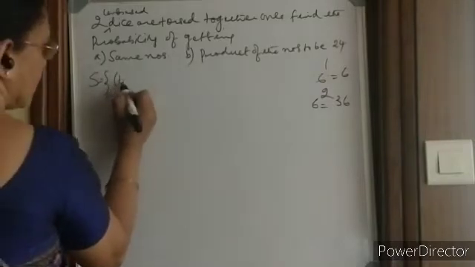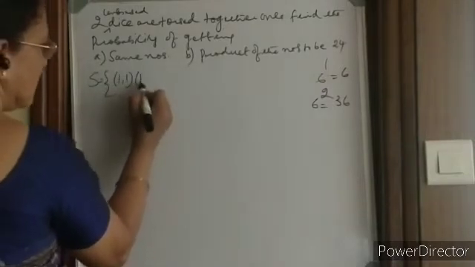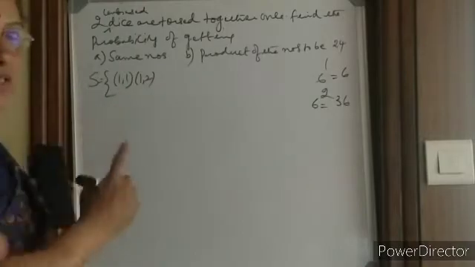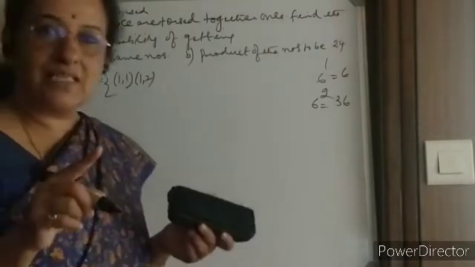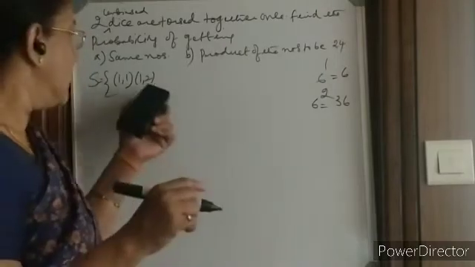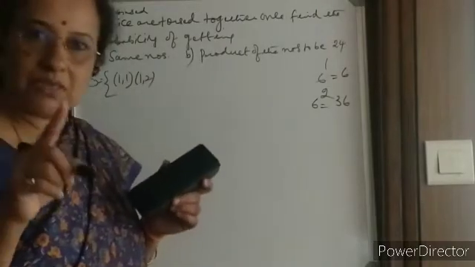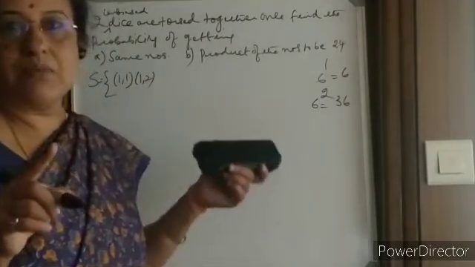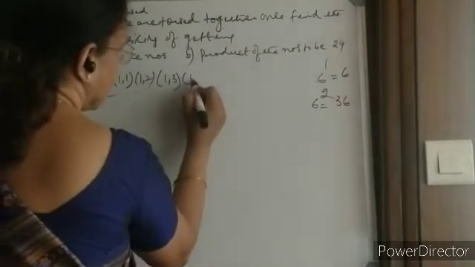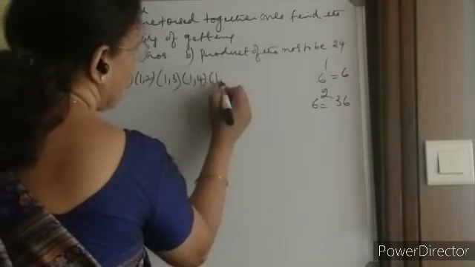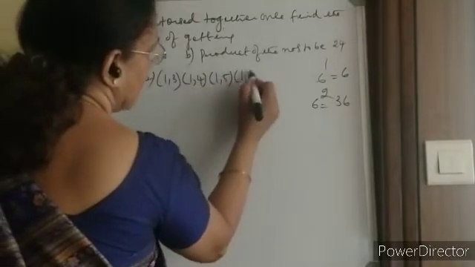Now see, it's like this. The first one is 1,1, 1,2. Here the first die will show number 1 and the second die will show number 2. So you have to stick to the same method, procedure. So 1,4, 1,5, 1,6.